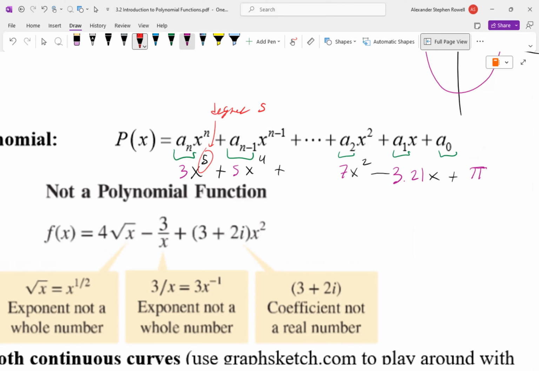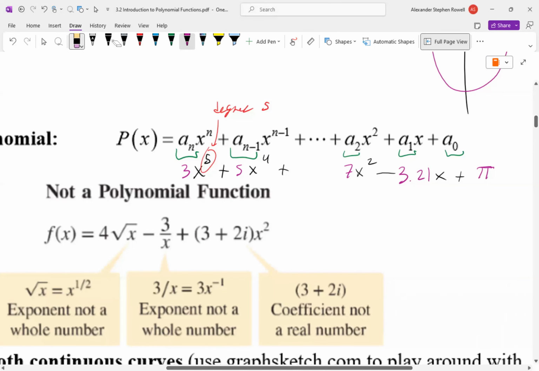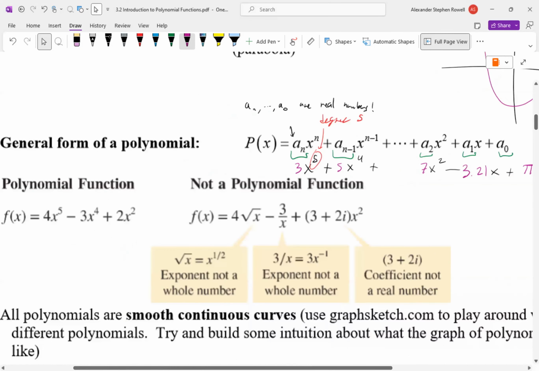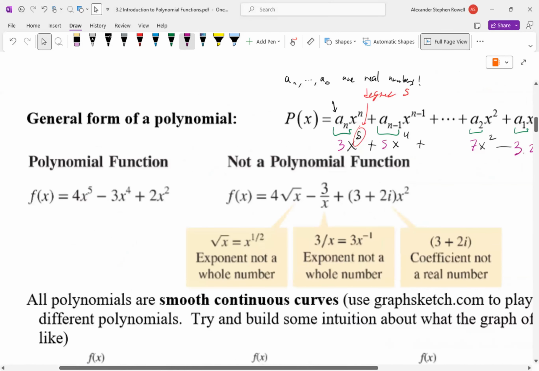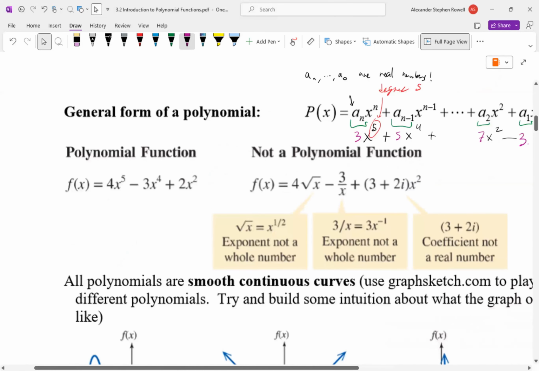The rule we should memorize here is these constants out in front should be real numbers. Let's say the coefficients, a_n all the way down to a_0, are real numbers. Okay, so when would we not have a polynomial?